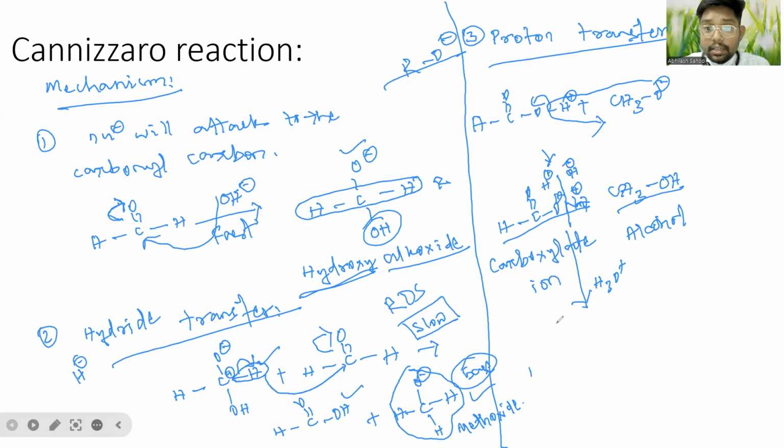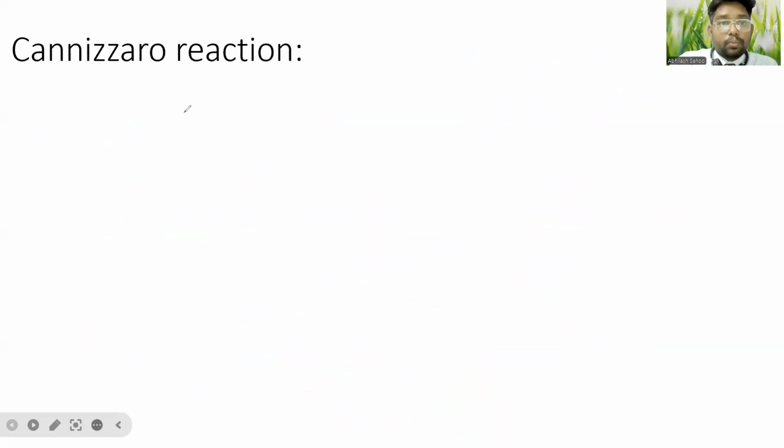So you will get HCOOH, formic acid. So this is the mechanism of your Cannizzaro reaction. Now I'll be discussing all these things, and we'll be doing some more questions.